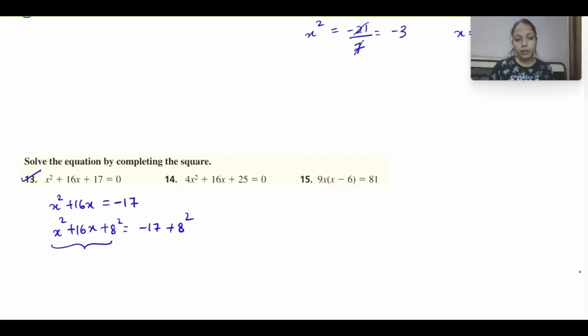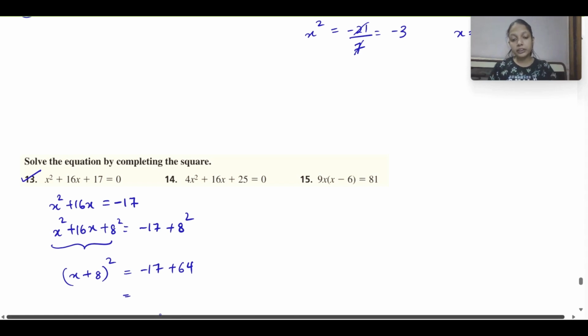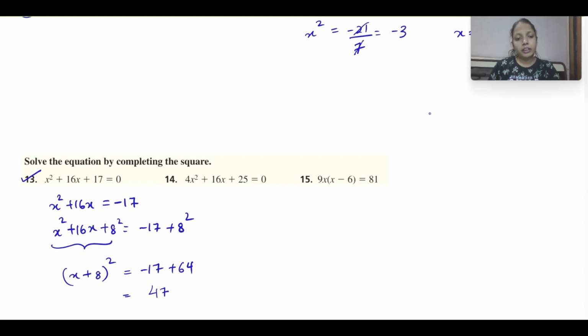And this is the formula of x plus 8 whole square. And what is this? Negative 70 plus 64. And if you solve this, I will get negative 6. So x plus 8 whole square is negative 6.